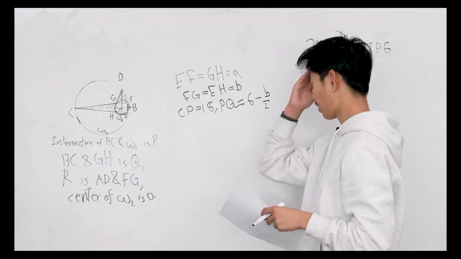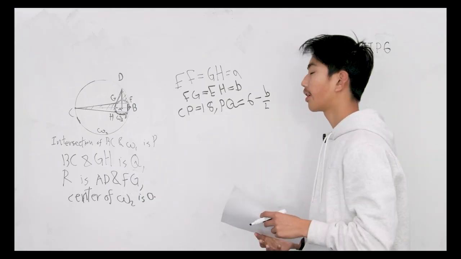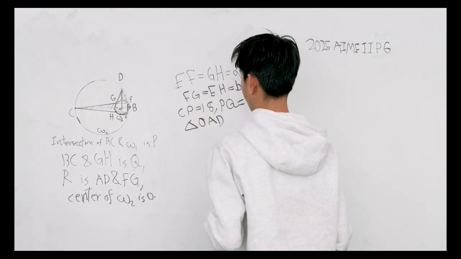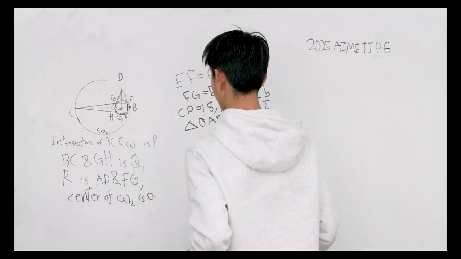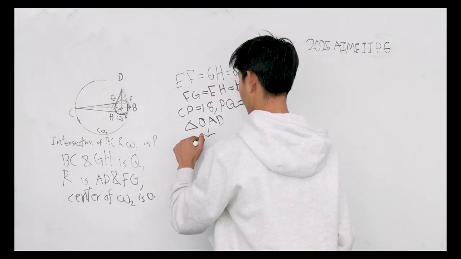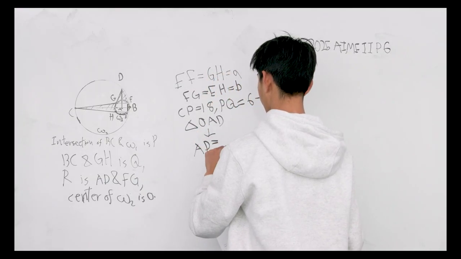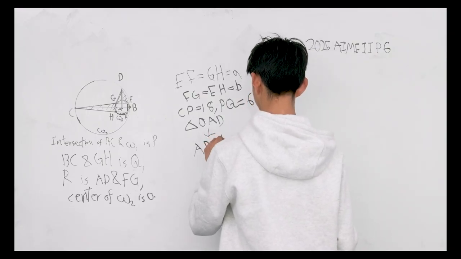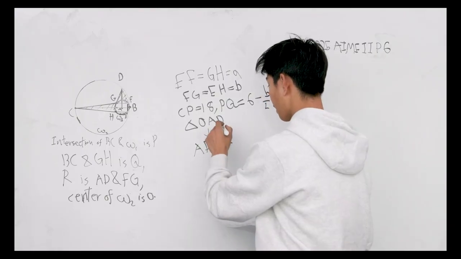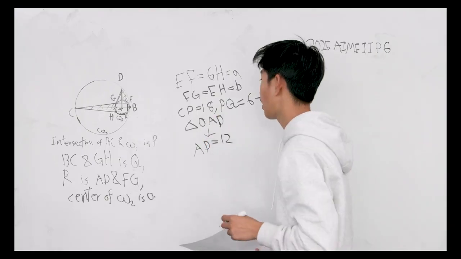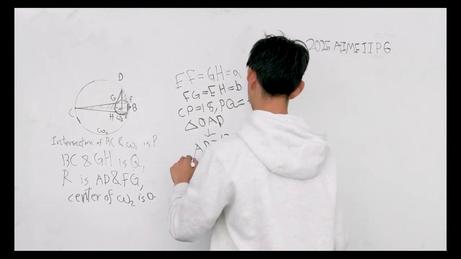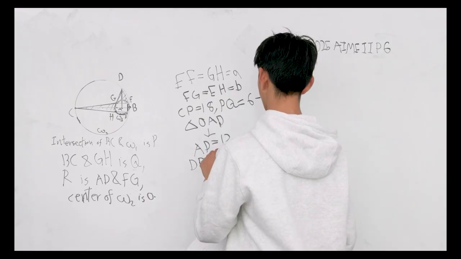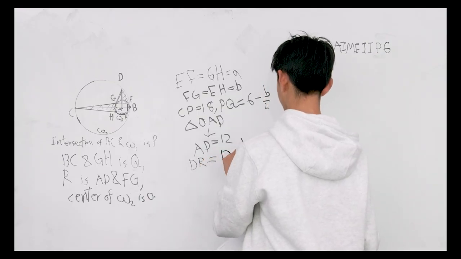So we have these lengths now. We can now deduce from triangle OAD, the center, that length AD is equal to 12. We have this length now, and we can use it to solve for DR. DR is equal to 12 minus b over 2.